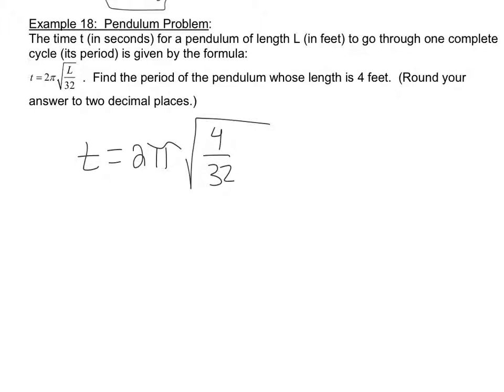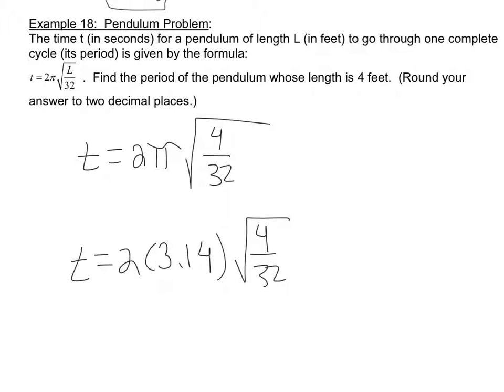Now, be careful. It might say to use 3.14 instead of the pi symbol in the homework. So that's what I'm going to do here. So 2 times 3.14 times the square root of 4 divided by 32. And it says 2 decimals, so it's going to be approximately 2.22 feet. Okay? Let's take a look at a little more.